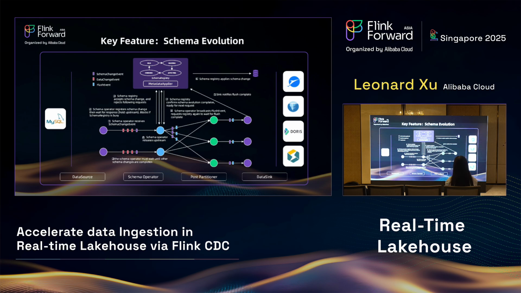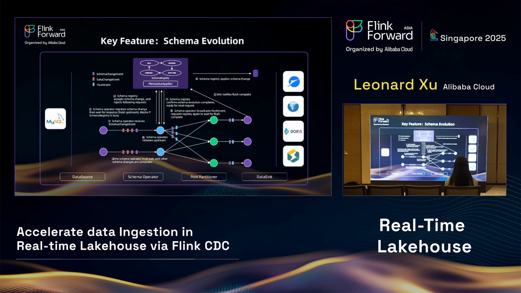Schema evolution means if you change the table's schema in your upstream database, for example, add a column, drop a column, or rename an existing column, your downstream lake table will automatically add a column, drop a column, or rename the column without manual work. So how does Flink CDC achieve schema evolution?